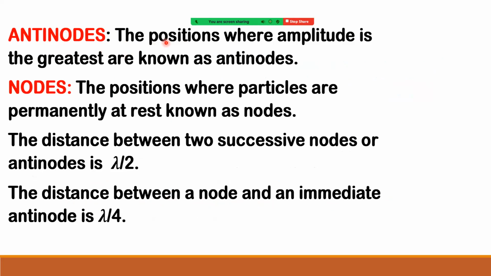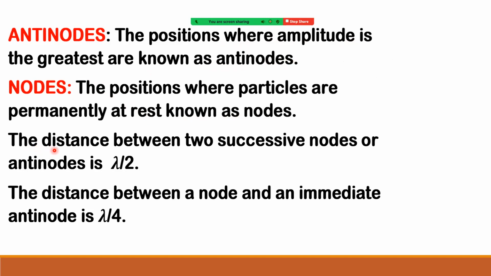Antinodes: the positions where amplitude is the greatest are known as antinodes, means mod cos kx is 1, right? Next, nodes: the positions where particles are permanently at rest are known as nodes, means cos kx value 0, right?